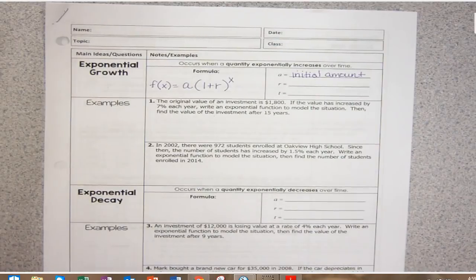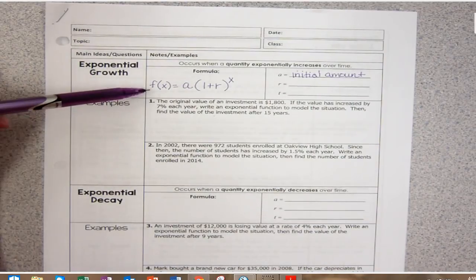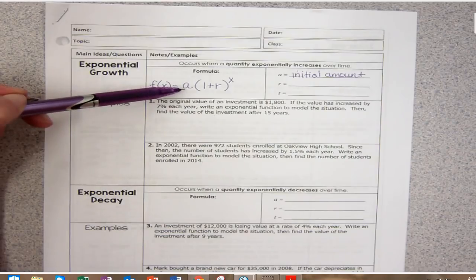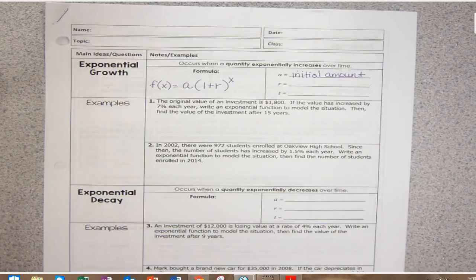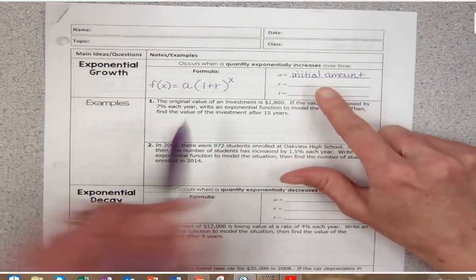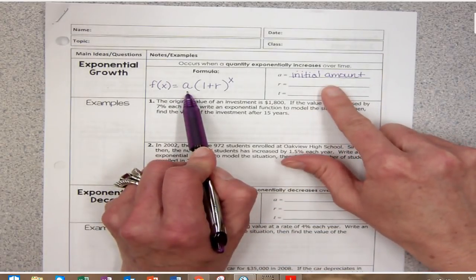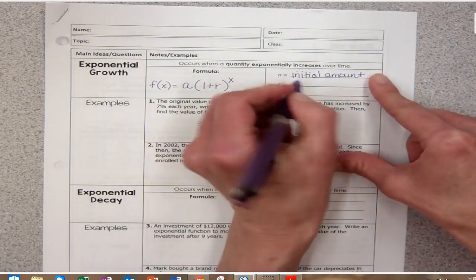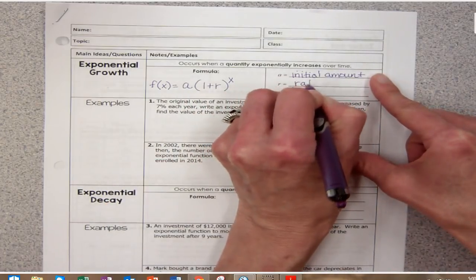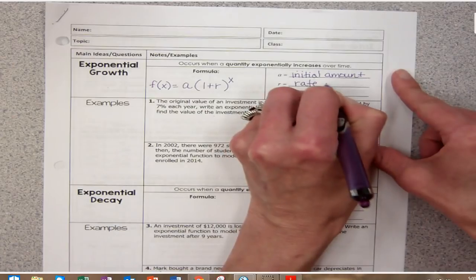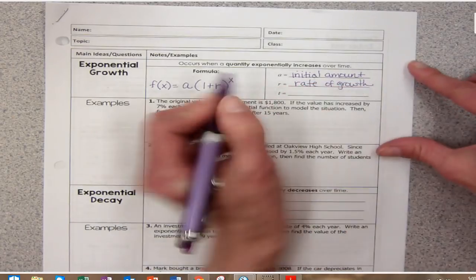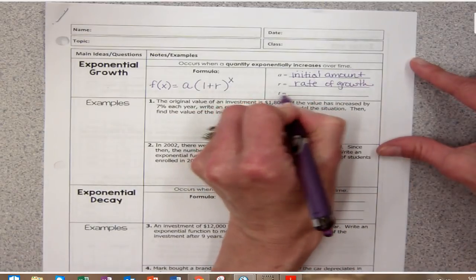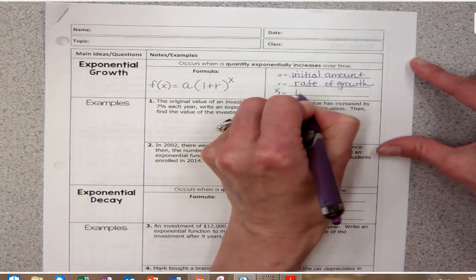So the first thing we're going to do is figure out what our exponential growth formula is. F of x equals a times 1 plus r to the x power. In this situation, a is your initial amount, r is the rate of growth, and x, or t, is the time.